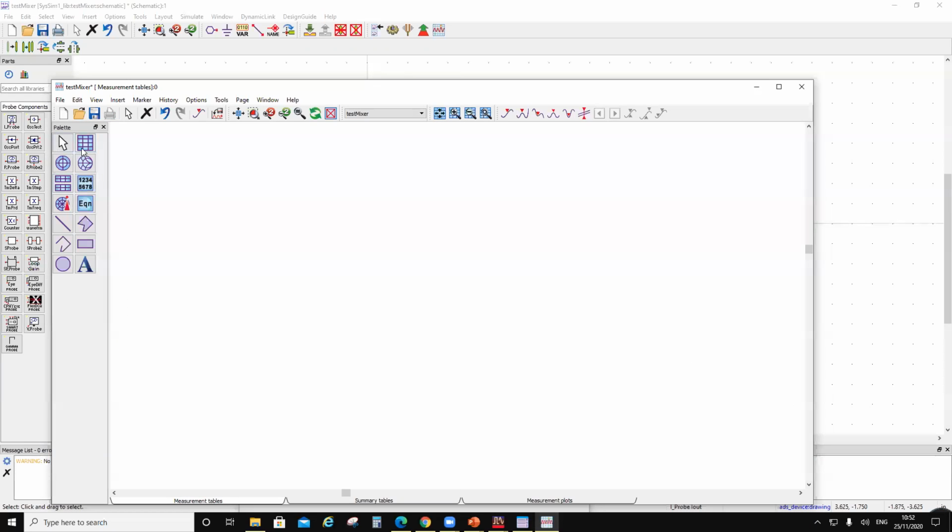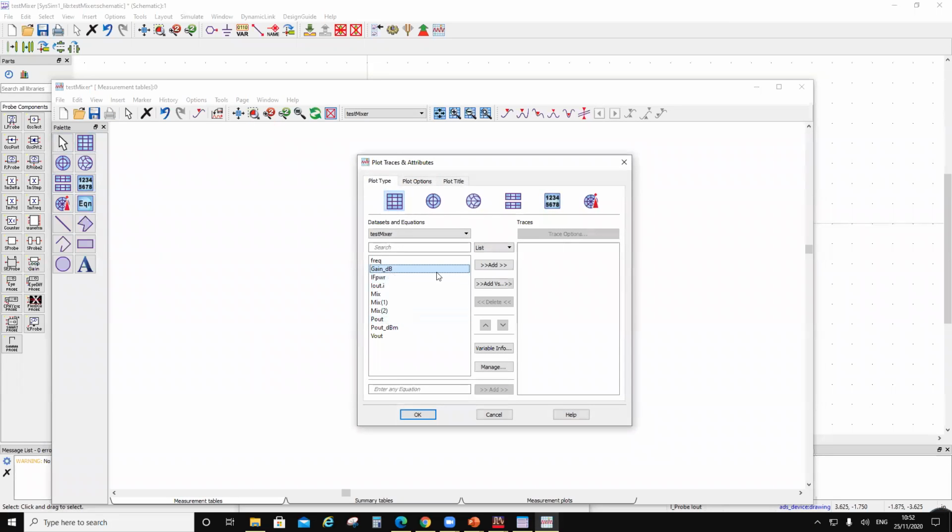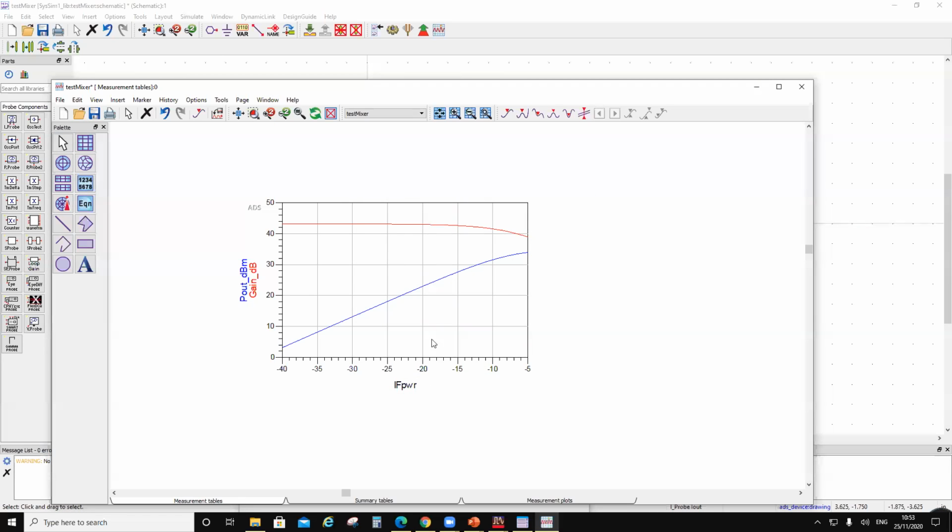Okay, this is not there. Let's put a gain here, and let's put a P out. Now let's put a marker. 43.1 is the gain. I am roughly delivering 30 dBm.